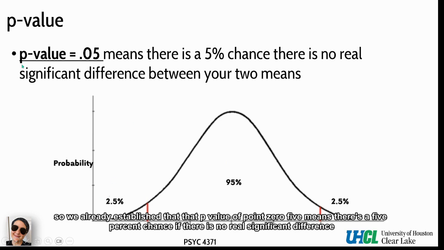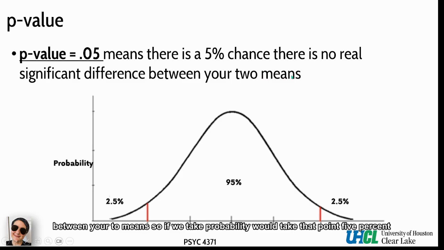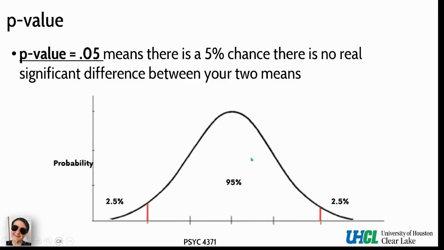So we already established that a p-value of 0.05 means there's a 5% chance that there is no real significant difference between your two means. So if we take that probability and divide it into two portions, it would look like this on a distribution. Now, it's divided into two portions because our particular research question was two-tailed.